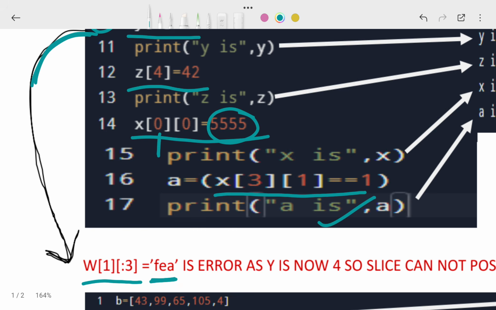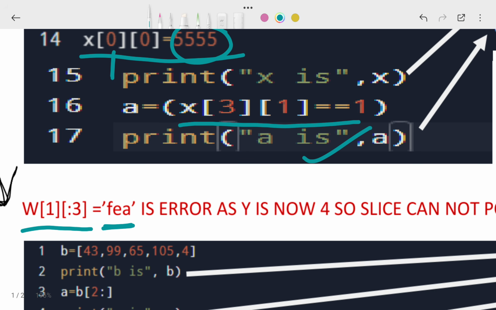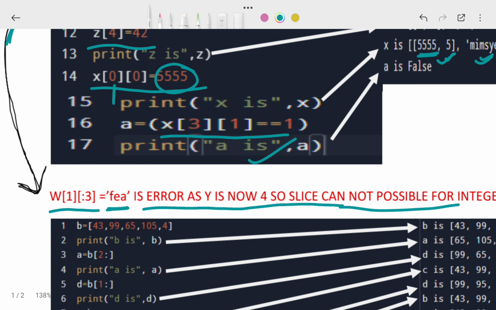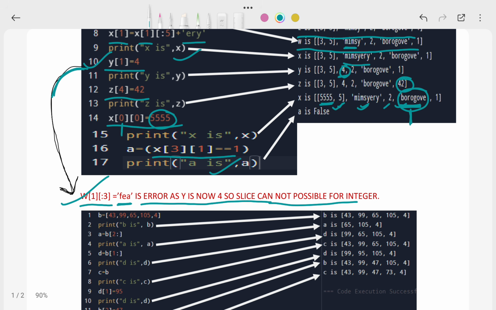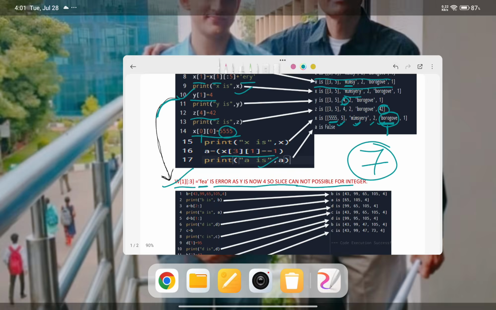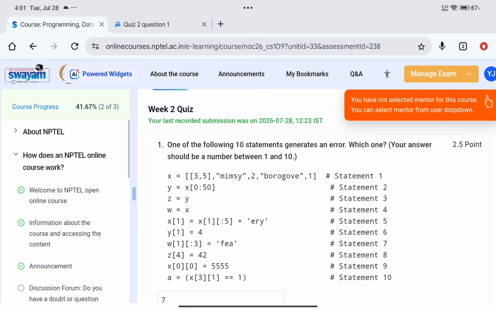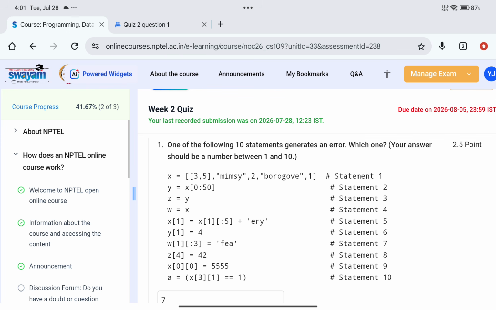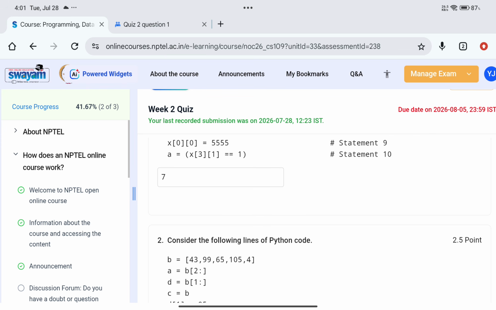So it means that we cannot slice the integer. We can slice the string, but we cannot slice the integer. So this is not possible, so this is a wrong answer. Your 7th line is the wrong answer. If you go to my program, what they have asked, this is your 7th. Statement 7 is incorrect.